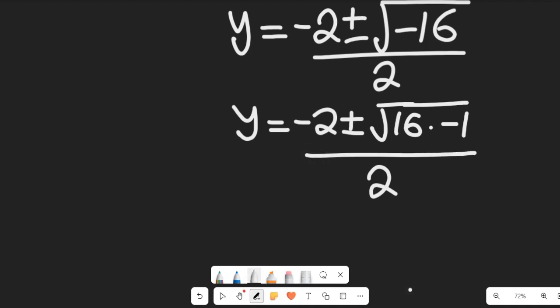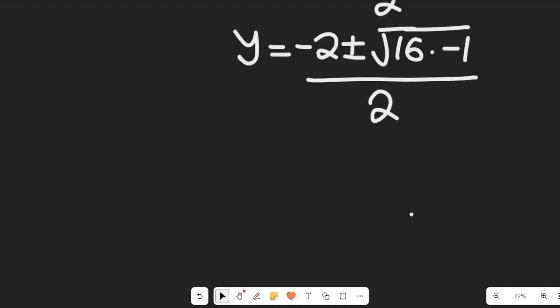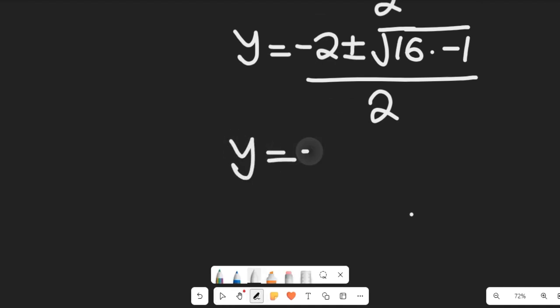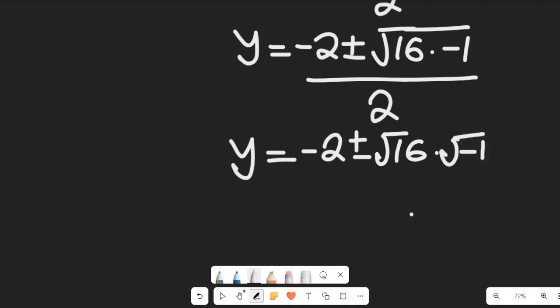So from that expression, y can now be equal to negative 2 plus or minus the square root of 16 multiplied by the square root of negative 1, divided by 2.